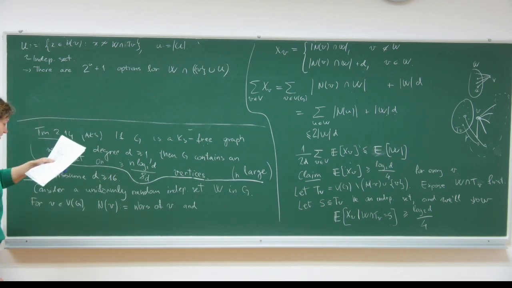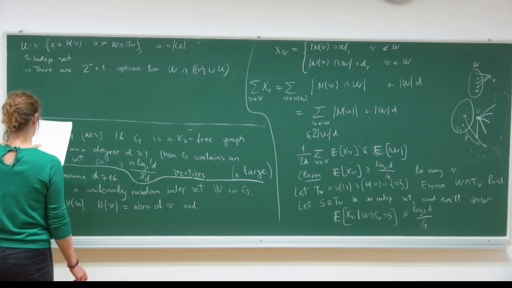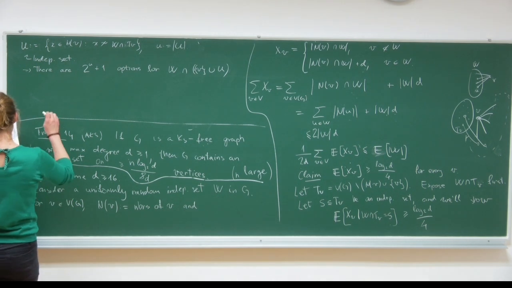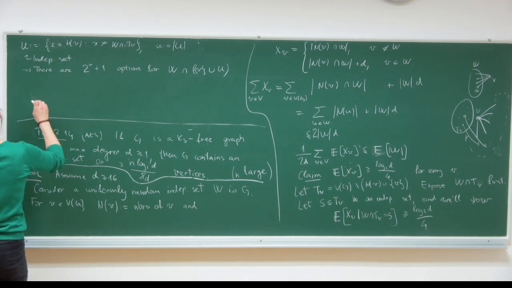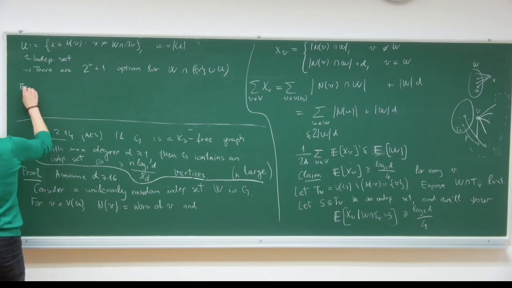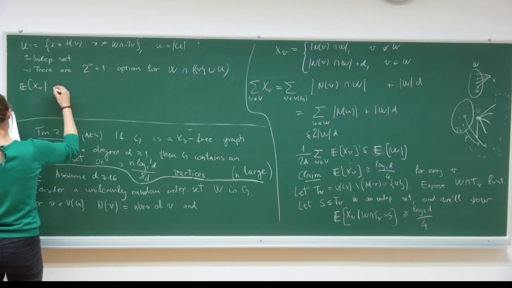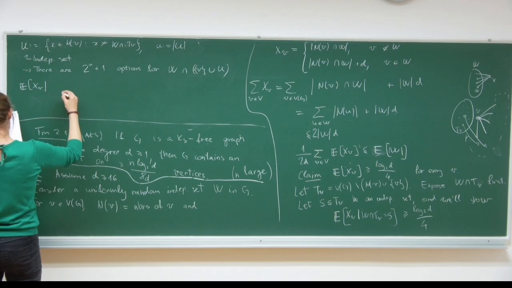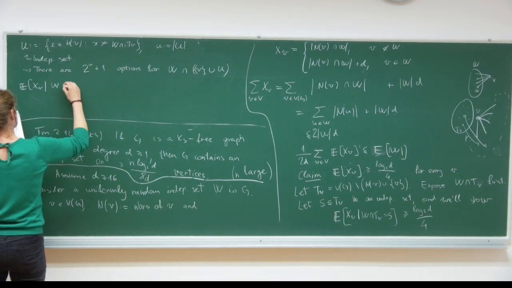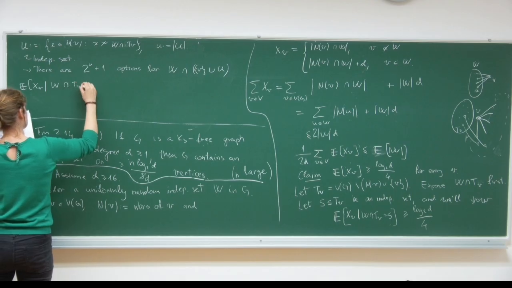And then, depending on those two cases, we have the following bound. So we have the expected value of xv conditional on W intersect TV being S.